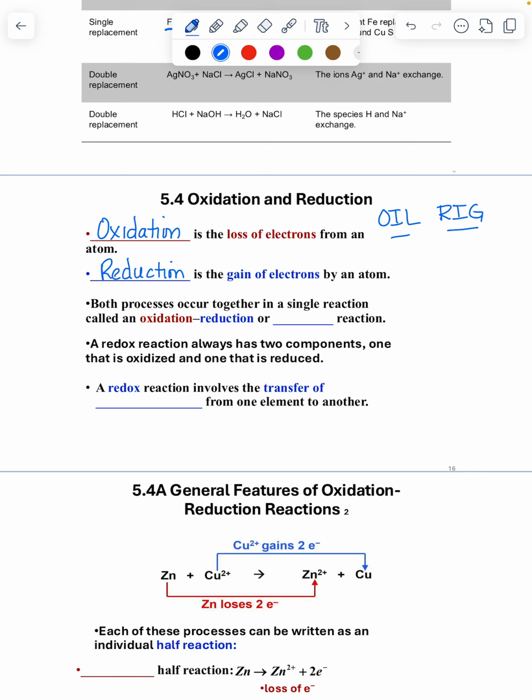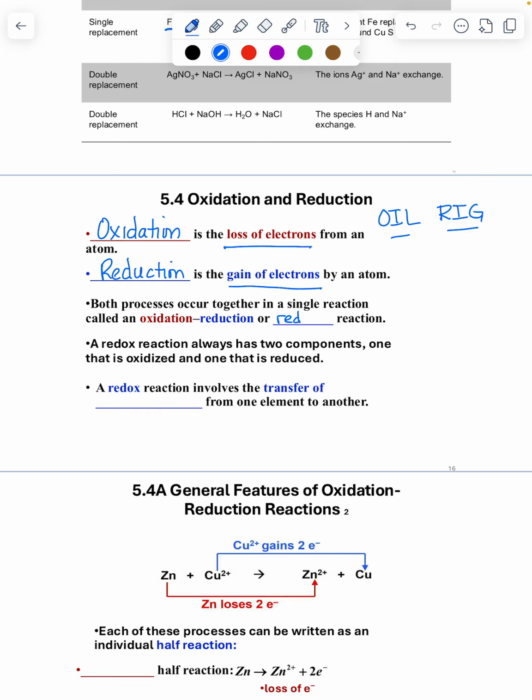Both of these processes always occur together in a single reaction, and this type of reaction is called an oxidation reduction reaction, or simply a redox reaction. So you'll hear me refer to this as redox reactions, just as a little shortcut.